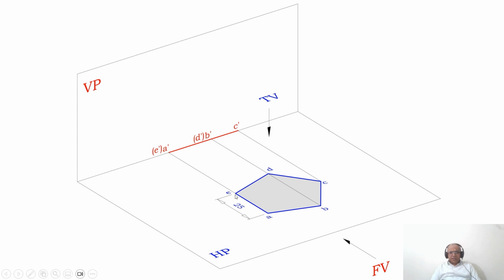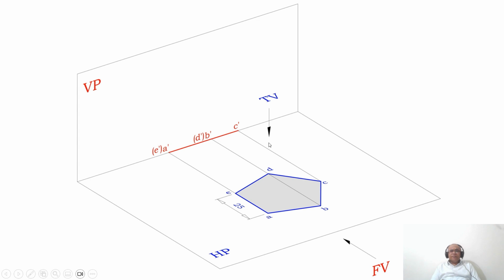All the sides are in true length. So when you look from the top view, the pentagonal surface is seen on HP. When you look from the front view, you are getting a line because the surface is parallel to HP and perpendicular to VP. That is the reason why you are getting a line in the front view.